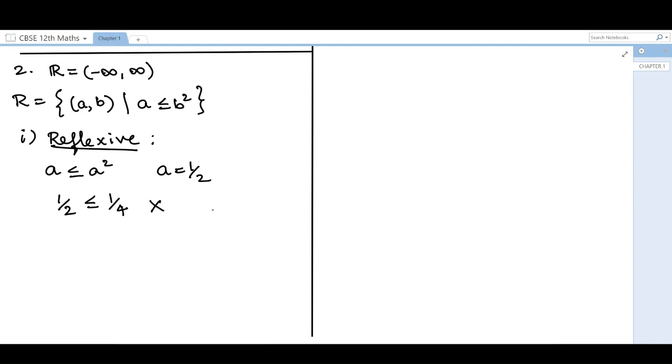But if you take A equal to say 1 or 2, this result will be true. So for certain real values, this result is not true. Therefore, A is not related to A for all the real numbers. Therefore, the relation R is not reflexive.